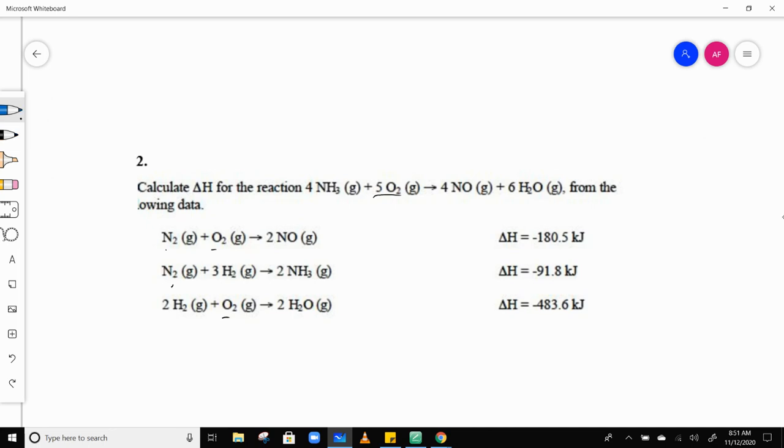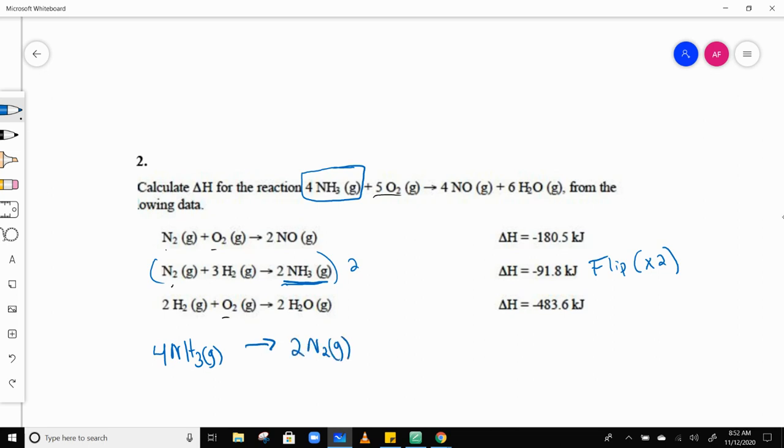So for example, let's start with NH3. NH3 is here. Oh man, so there's two things wrong with this one. It's on the wrong side, and there's only two of them. So what we're going to do is flip it and multiply it by 2. When we flip it and multiply it by 2, so multiply everything by 2, we're going to get 4 NH3 yields 2 N2 plus 6 H2.